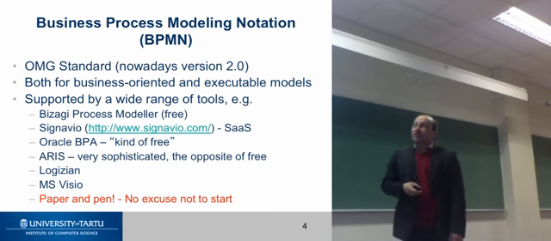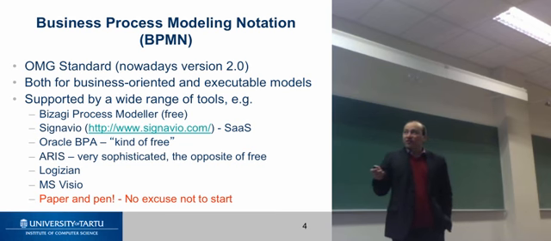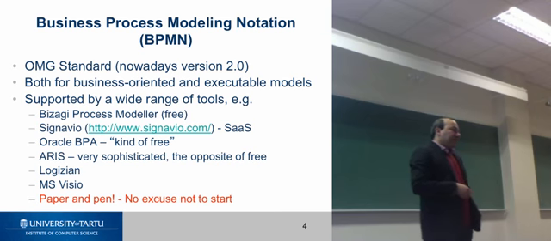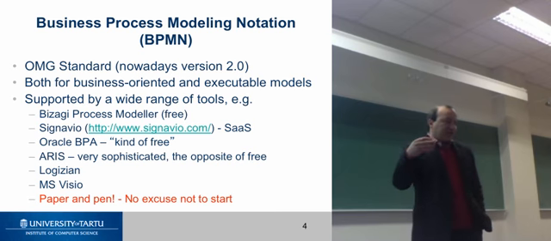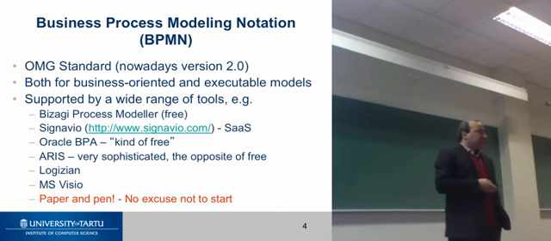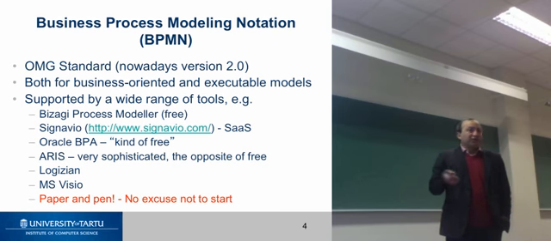And then there are other tools, some of them given out free for trial reasons, like for example Oracle BPA. One of the, let's say, market leaders among the large companies, medium to large companies, is called ARIS. It's nowadays a product of Software AG. Very sophisticated.